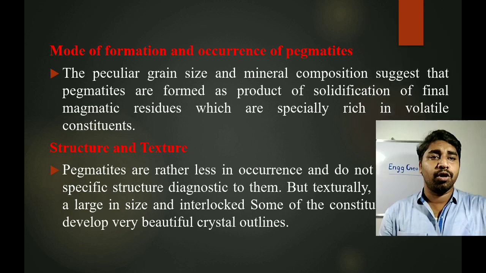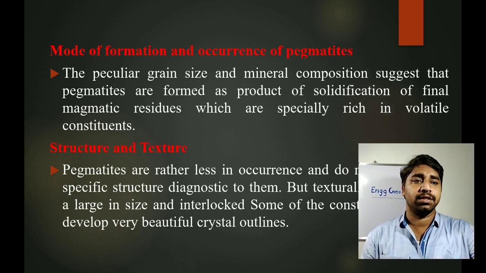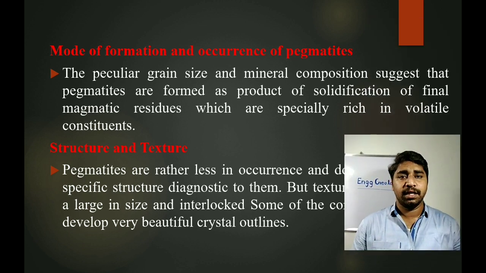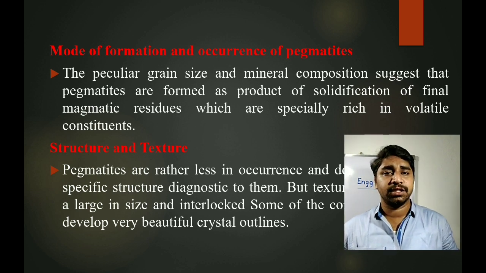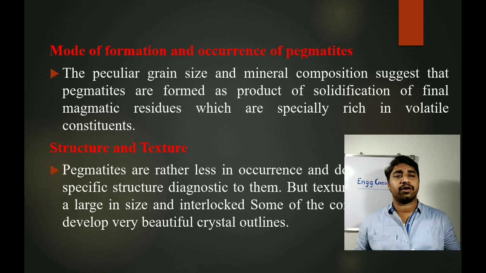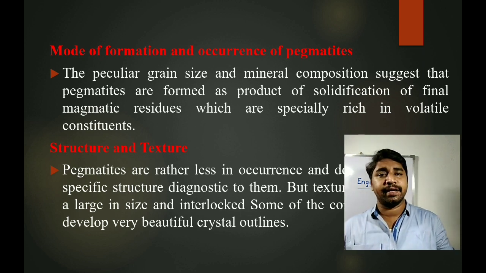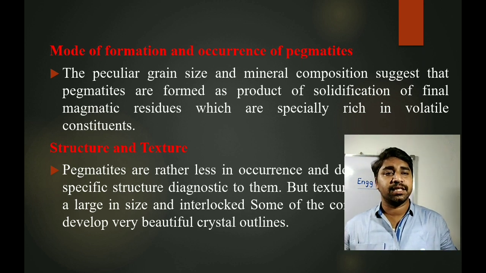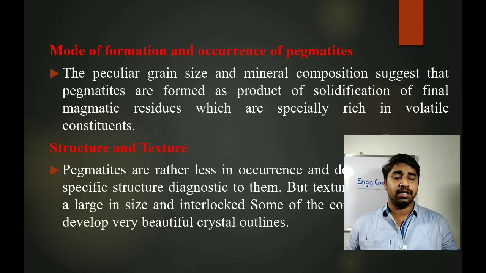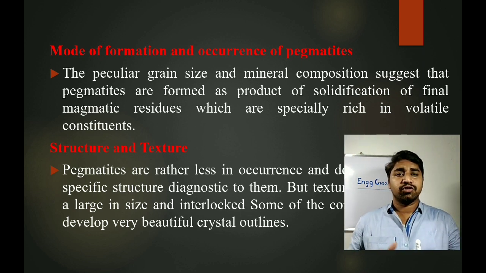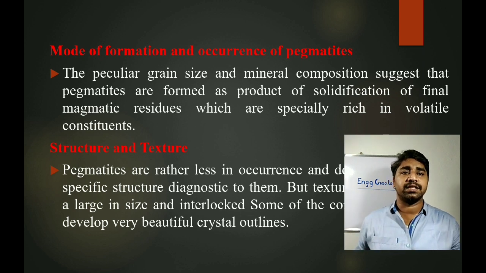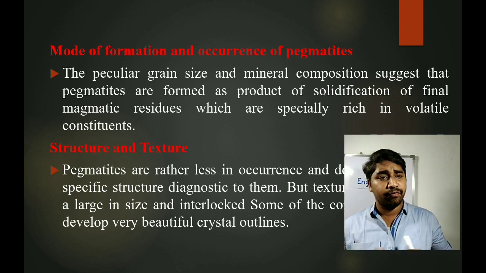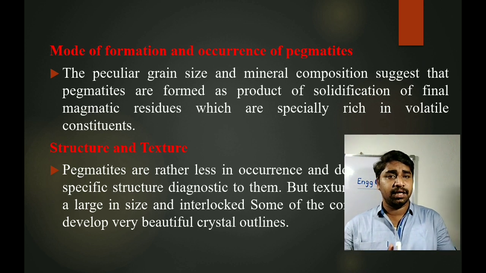So coming to the mode of formation, how these are going to be formed. These peculiar grain size and mineralogical composition suggest that pegmatites are formed as the product of solidification of final magmatic residue, which was especially rich in volatile constituents. So the mode of formation, or petrogenesis, of these pegmatites is that they are formed at the end.